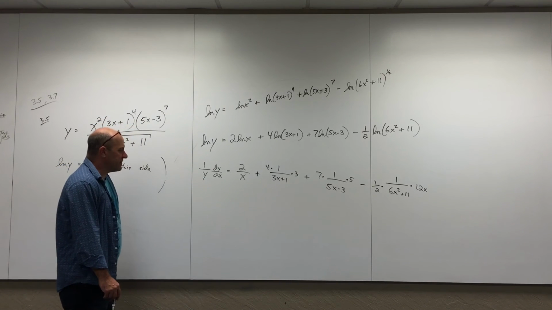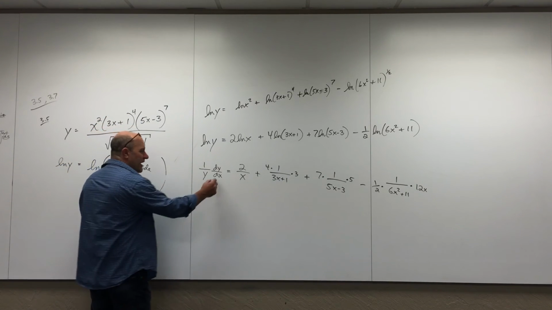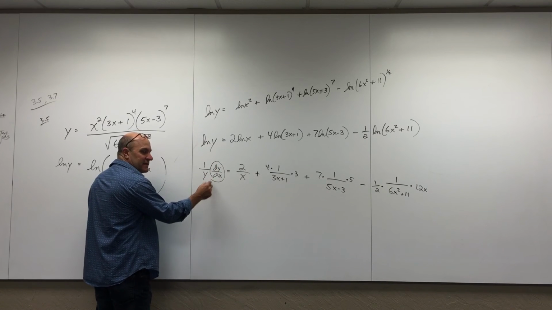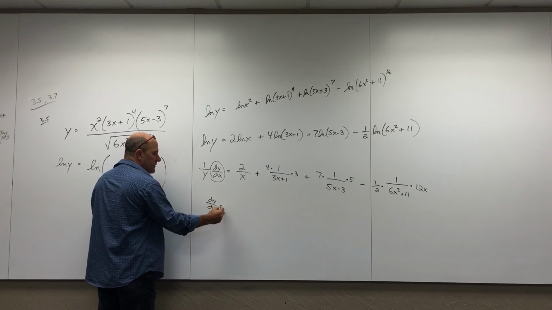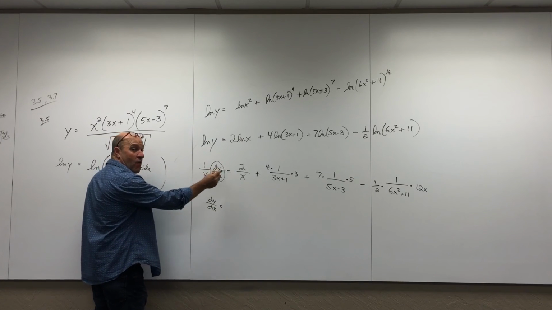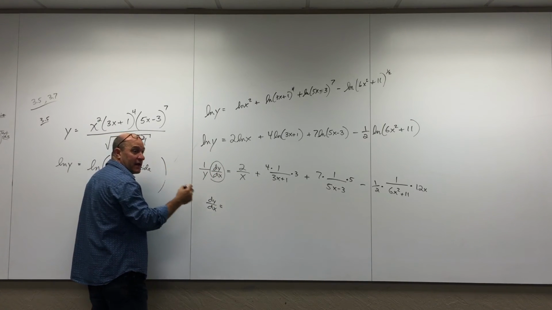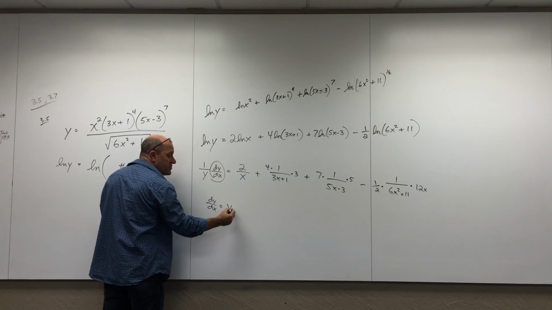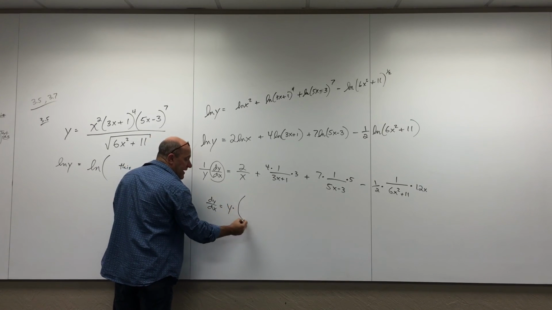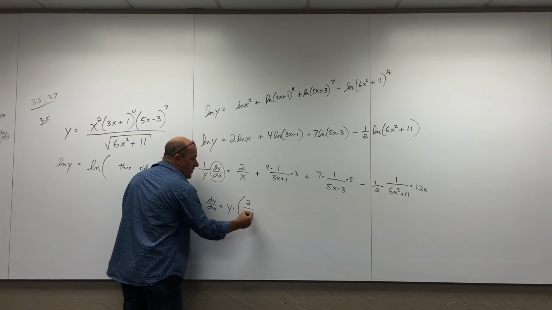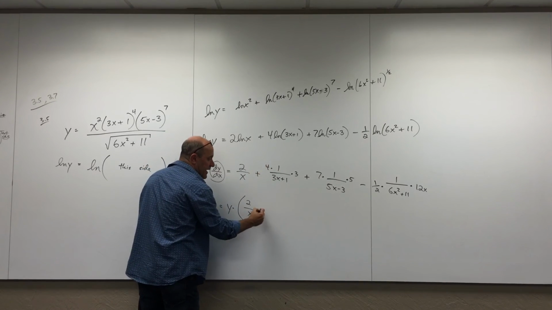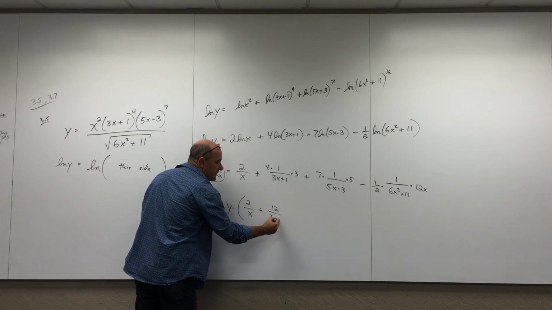Well, where's the derivative? dy dx. Oh yeah, the derivative is dy dx. So if I wanted dy dx, what do I have to do? Multiply by y, he just said. He's right. I got to multiply by y. So now y shows up on this side. Oh my God, what else is on this side? 2 over x. Well, all this stuff, right? 12. Can I do this?